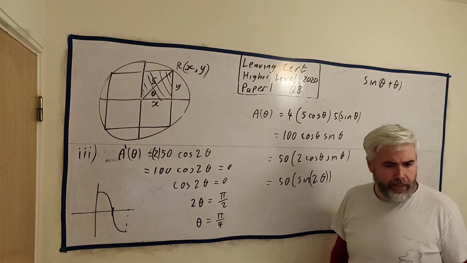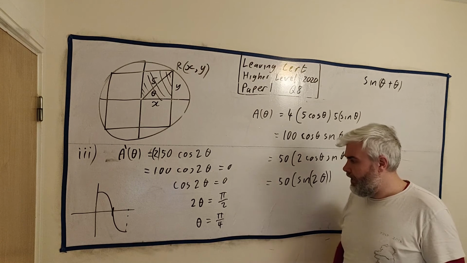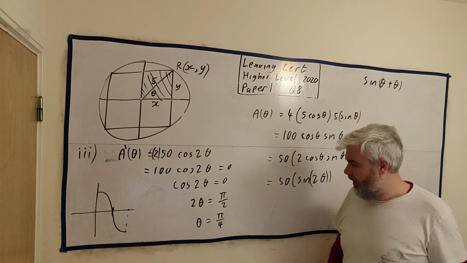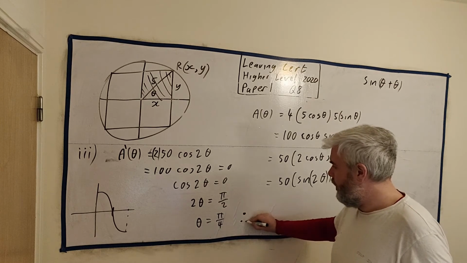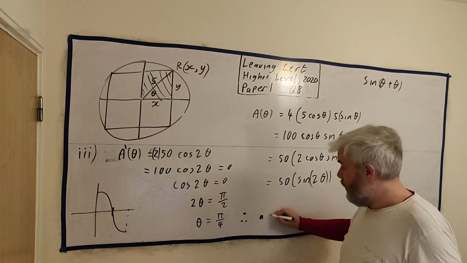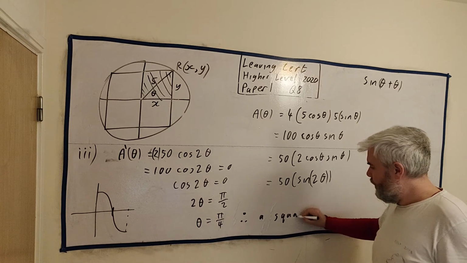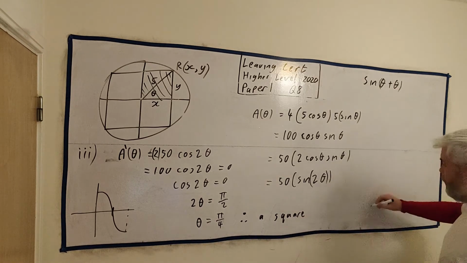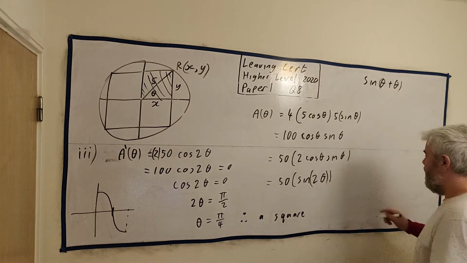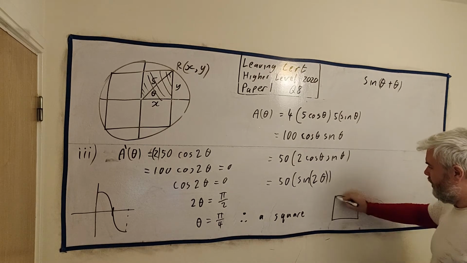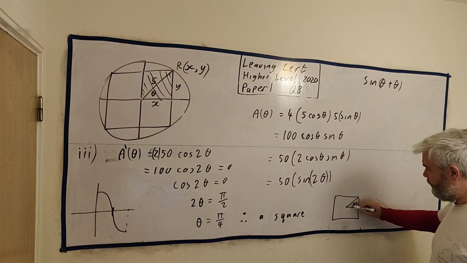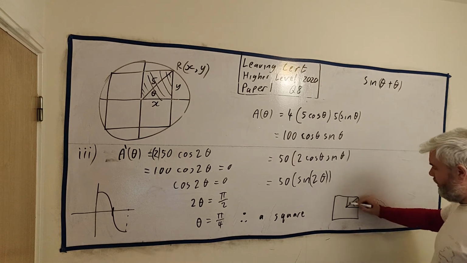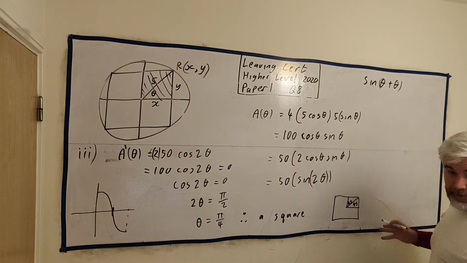So let's see, show that that's a square. I guess you don't really need to. It would be enough to say therefore a square. I guess you could just talk for a few moments about how a shape with 45 degree angles here has to be a square.